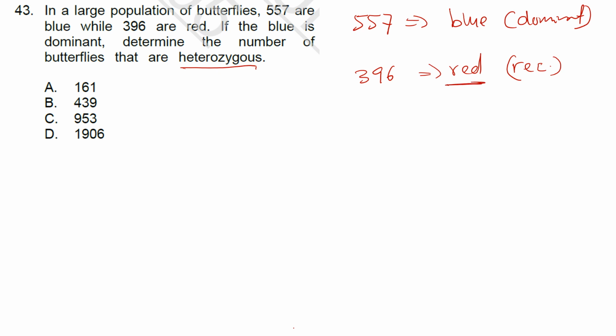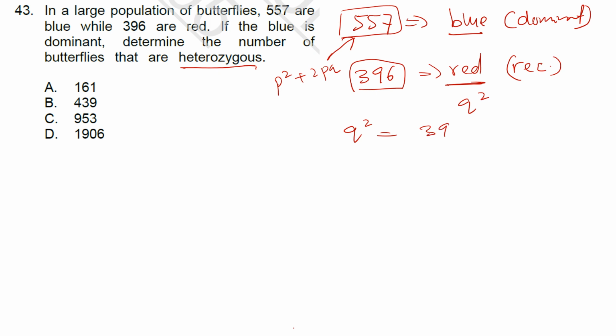Okay, so it means that red is the recessive feature. So it means that you cannot use this information yet, because blue can either be homozygous dominant or heterozygous. Okay, so the value for this is both P squared plus 2PQ. Okay, Q squared is in this value. Okay, Q squared here. So it means that Q squared equals to 396. You want to find out the frequency, kan?